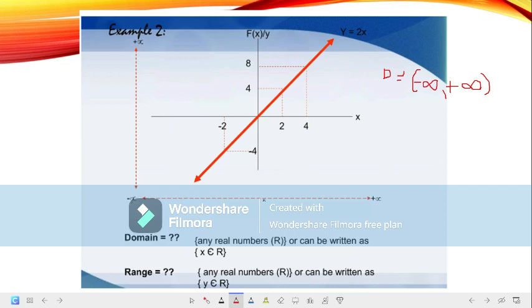Since this is a line graph, it goes on in that direction forever, or infinitely. So you have negative infinity and also here positive infinity. So that is for the interval.